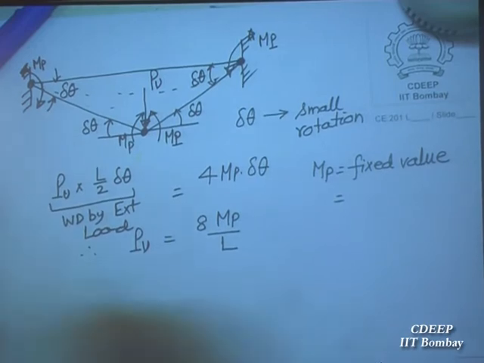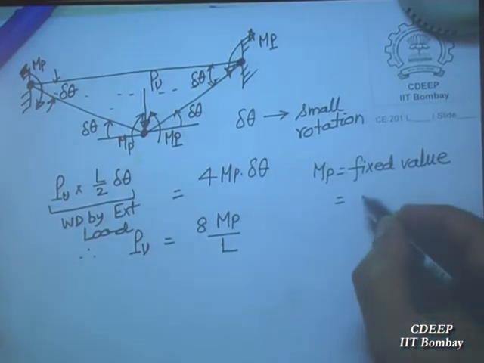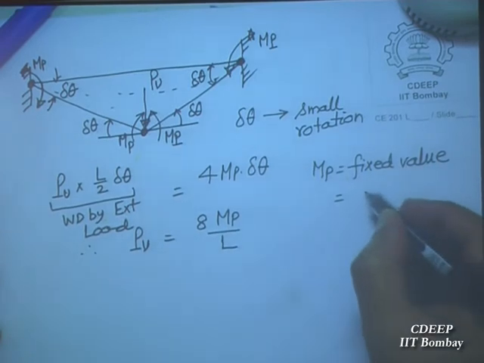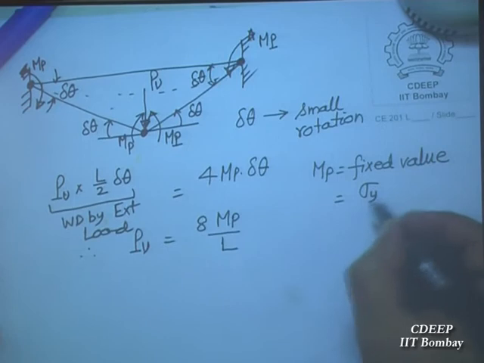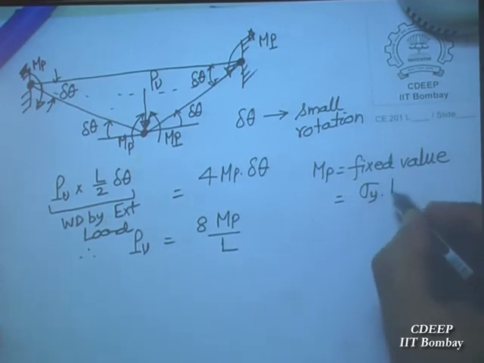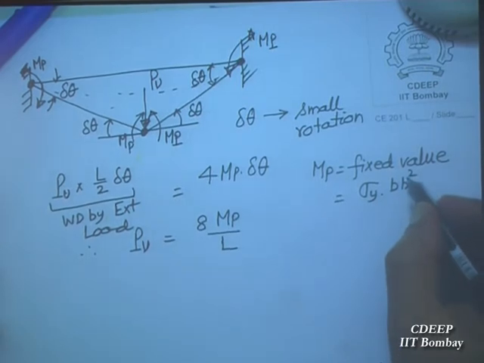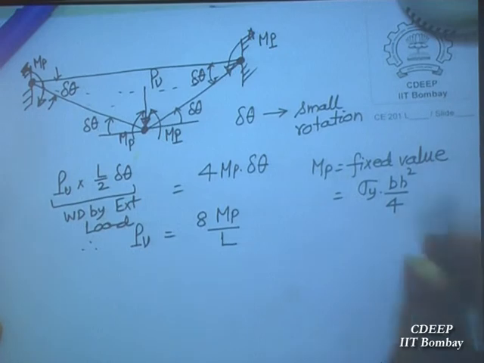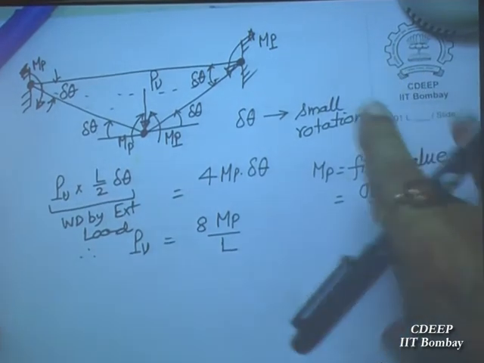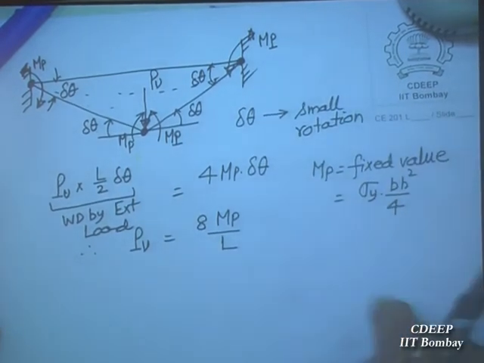And what is the value of MP? MP is equal to sigma y into B H square divided by 4. This is when the entire cross section becomes plastic. Okay.